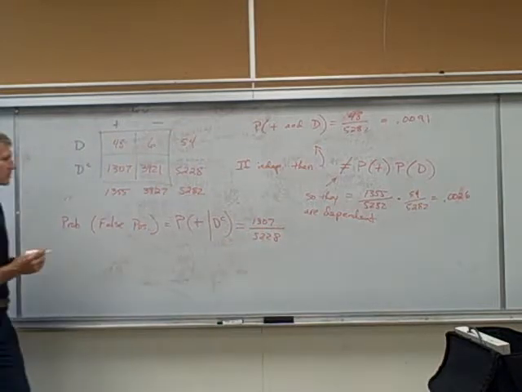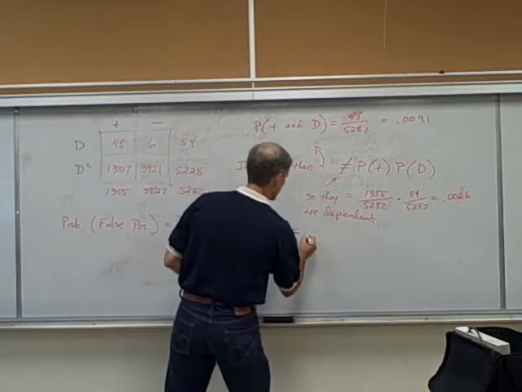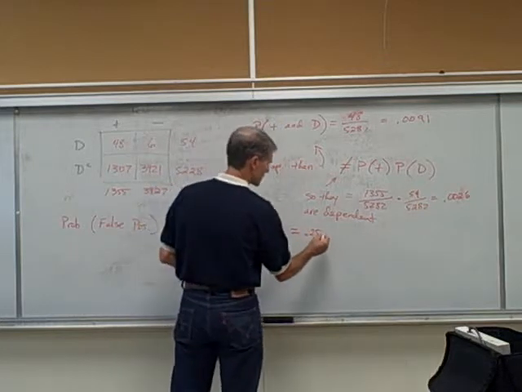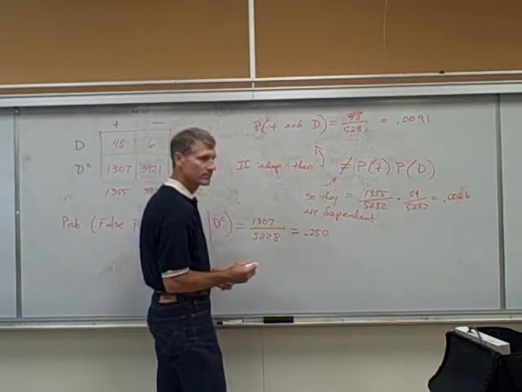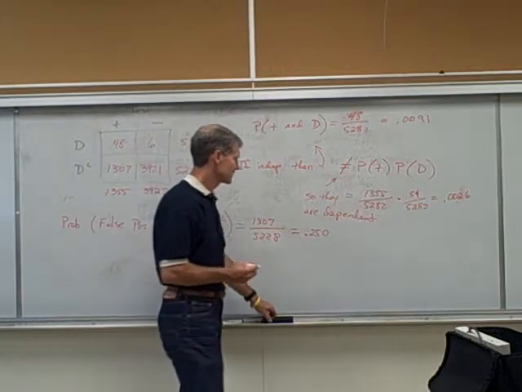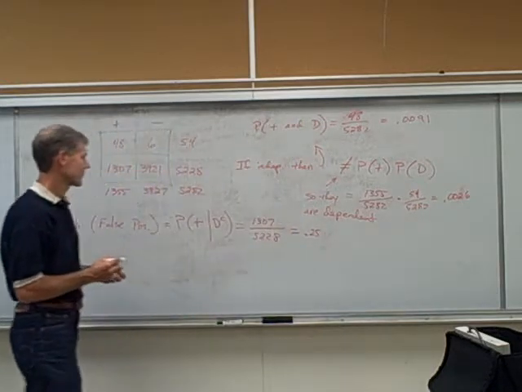Give me that as a decimal. 0.25. Give me 3 places. 0.250? Well, it's just 0.25. It's exactly 0.25? Sweet. I'll leave it like that.